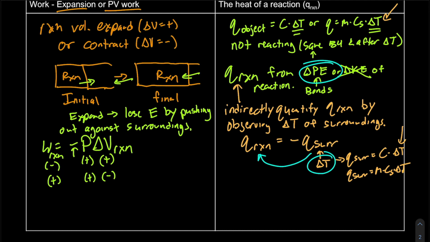If a reaction absorbs energy, it's going to take it away, or it's going to be given energy by the surroundings. We'll see that these two are directly related to each other. It's really important. We'll see this when we get to quantifying heats of reaction. This is a really important idea that we want to focus on as we're looking at that heat transfer from the surroundings to the system, the reaction, or from the reaction, which is our system, to the surroundings.